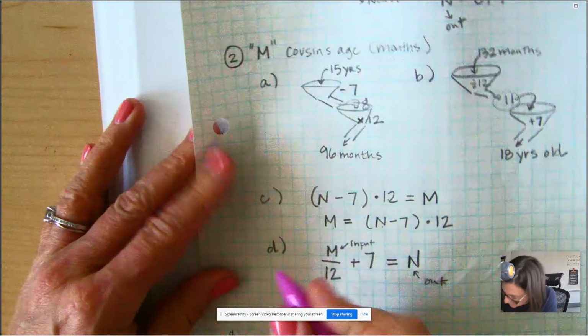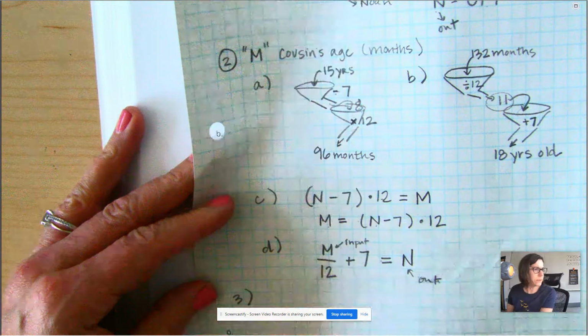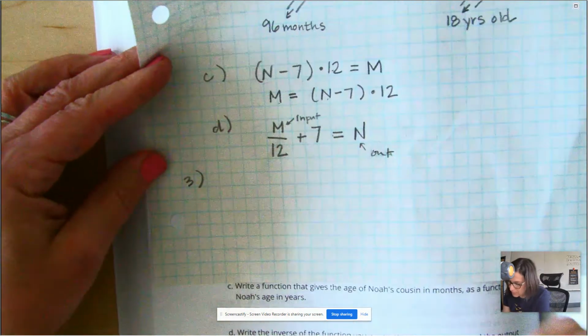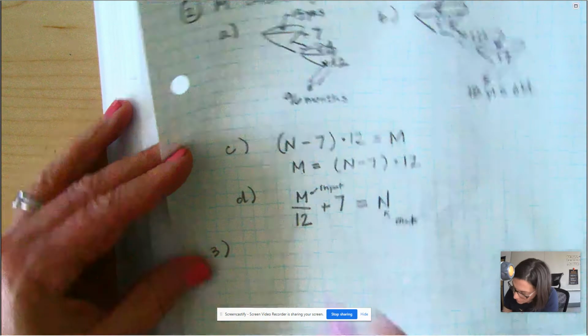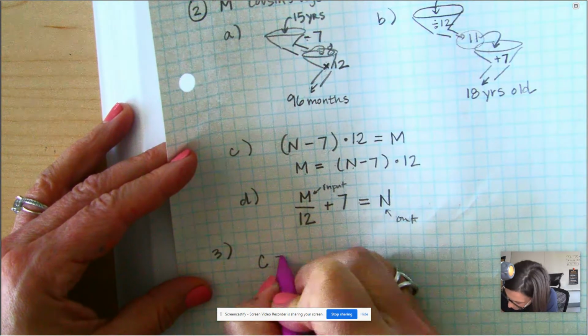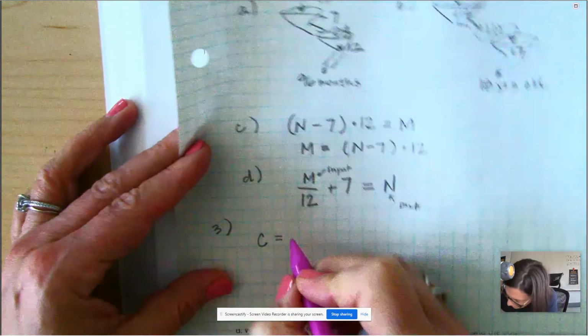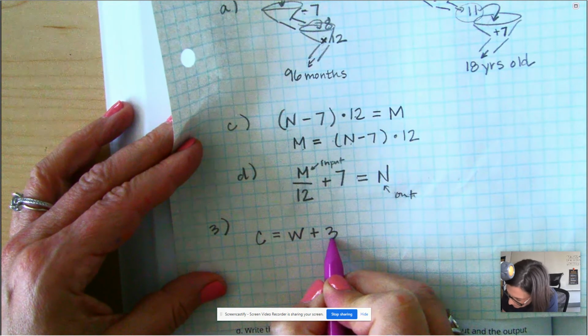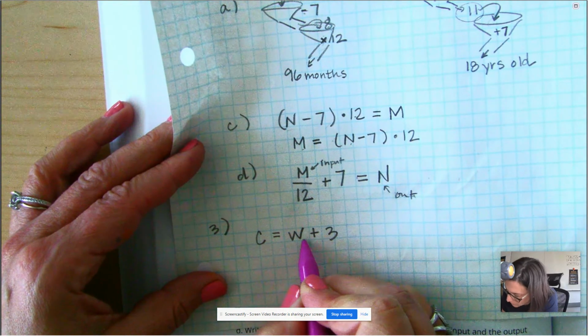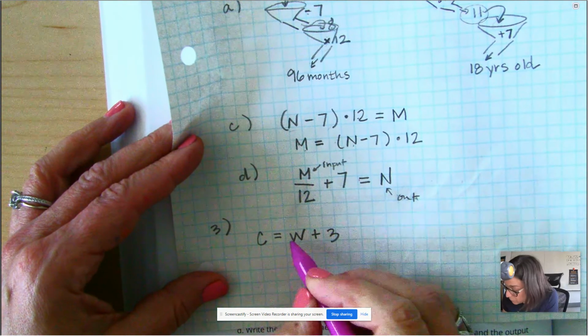All right, number 3. Let's keep on going. Each equation represents a function. For each, find the inverse. All right, so all you have to do, this will remind you of some middle school math, right? If C equals W plus 3, then what is the inverse?